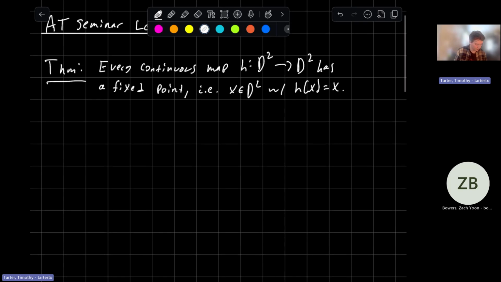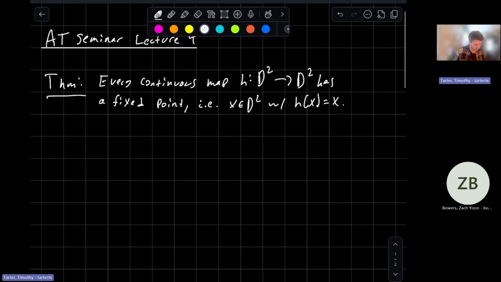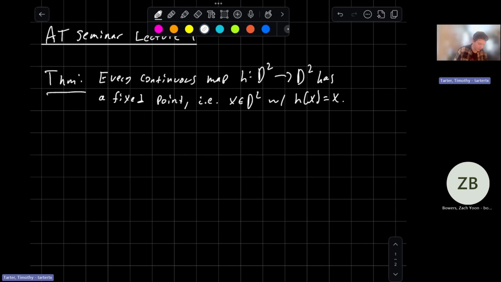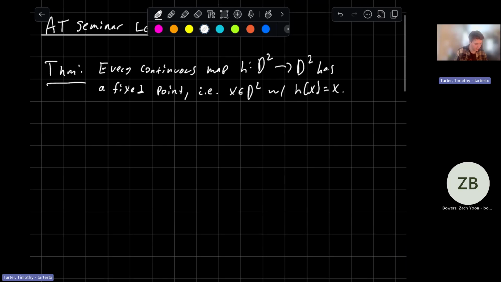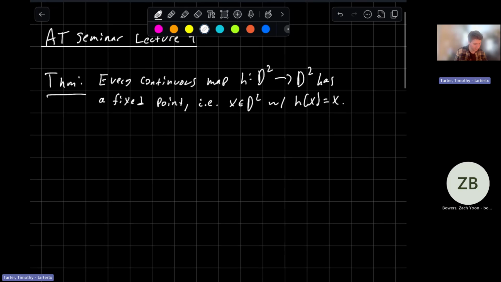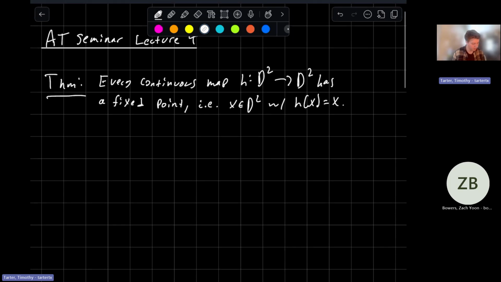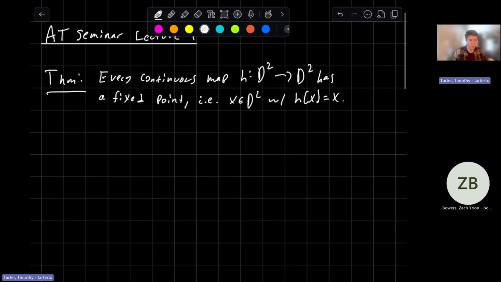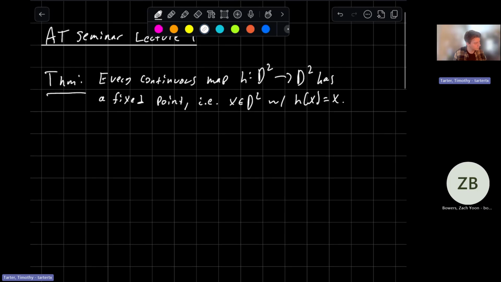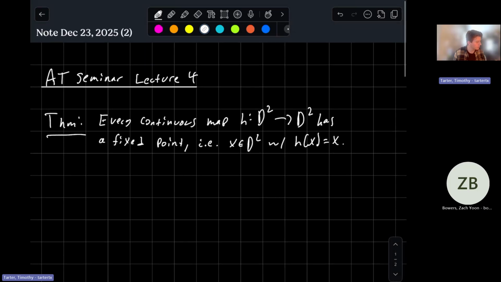So, standard notation here is that Dn is the closed unit disk in Rn, all vectors x of length, or modulus, less than or equal to 1. And then the boundary of Dn is the unit sphere S^(n-1), which in this case is a circle.